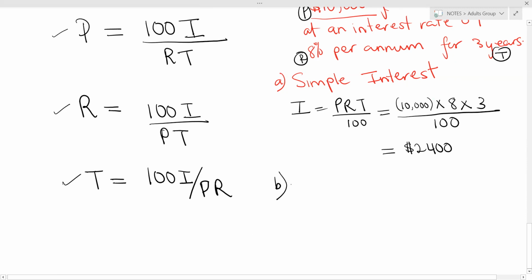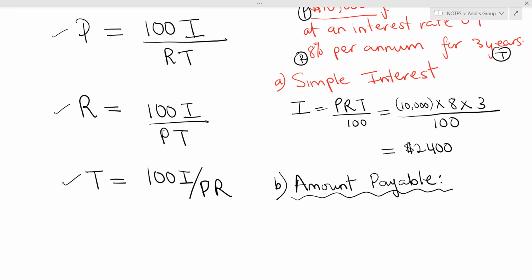Now they want to find out the amount payable. I know that you guys would have remembered amount payable from when we did hire purchase.